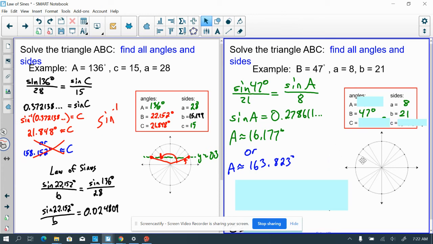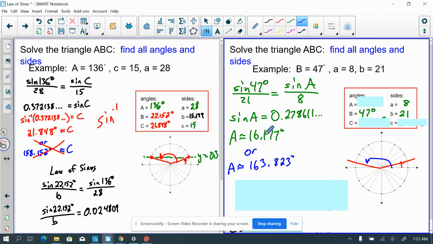But also remember, it could be 16.177 degrees. That has a sine value of 0.27, but also 16 degrees up this way. So this bigger angle is 163. So you just take 180 minus 16.177, and you get 163.